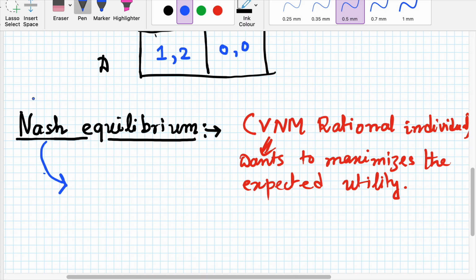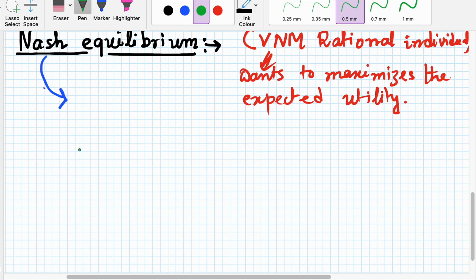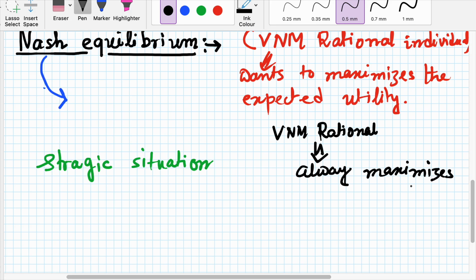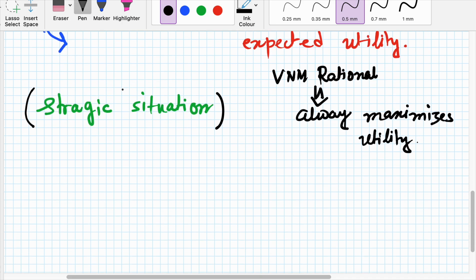However, in a strategic situation with many players, who are all VNM rational and always want to maximize utility, the problem is that the outcome depends on every player's action.